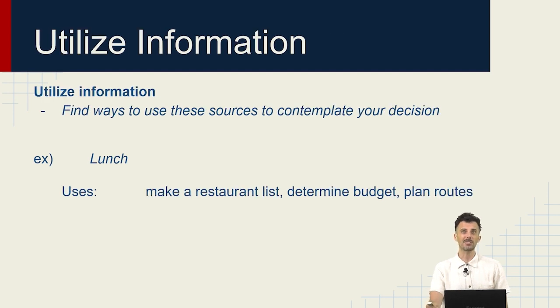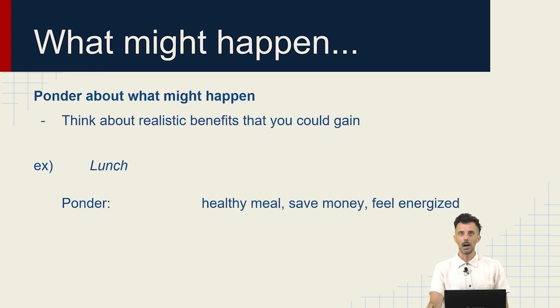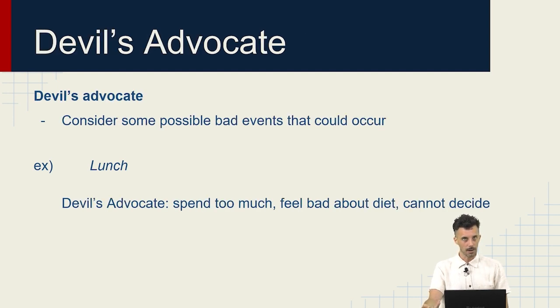Utilize information is thinking of specific plans of action that you can take away from these sources of information. What might happen is thinking of the possible future benefits if you are thinking critically. And the devil's advocate is problems within yourself that could prevent you from actually being critical while thinking about this.